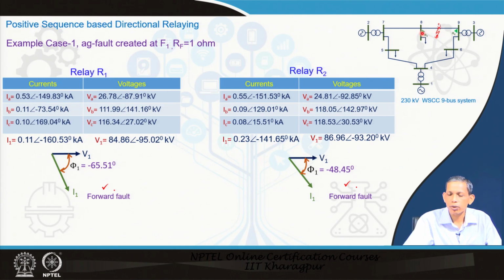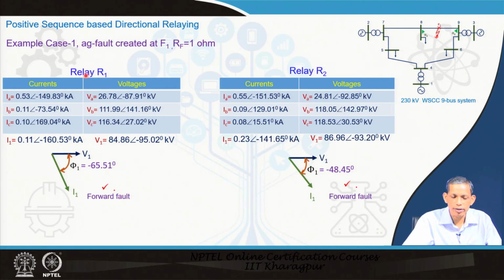For relay R1, this is the forward fault. For relay R2 also, this is the forward fault. Now, let us see from the data. This case is for the phase A to ground fault, AG fault, created at this point with a fault resistance of Rf equals 1 ohm.